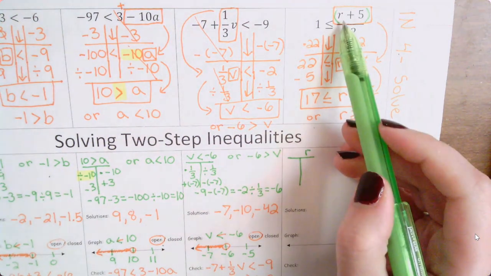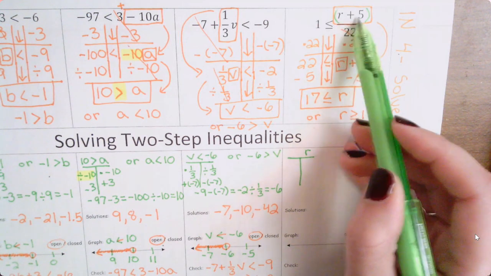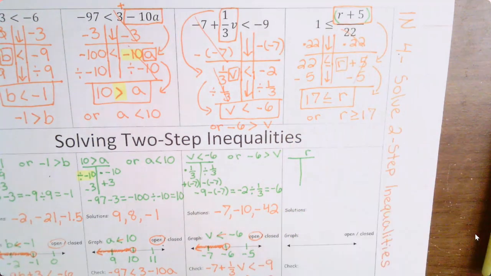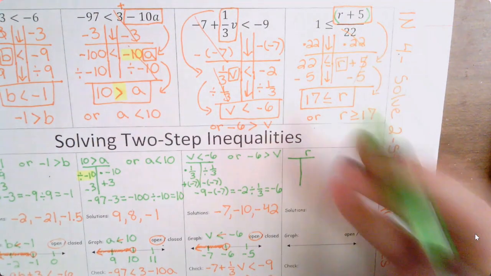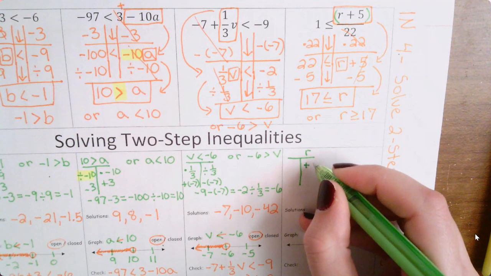The first thing that happens to my variable, with grouping, solving order of operations here, grouping is first. A lot of times you do multiply or divide first because that normally comes before addition or subtraction. But in this case, this is grouping, so this comes first. So the first thing that happens to the R is that I add 5 to it.